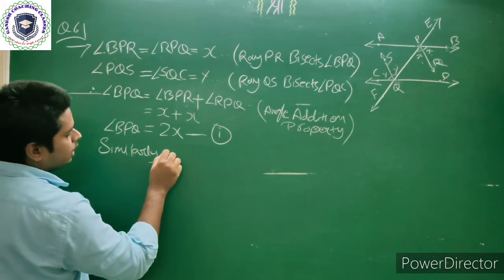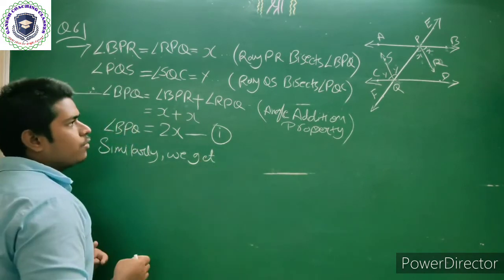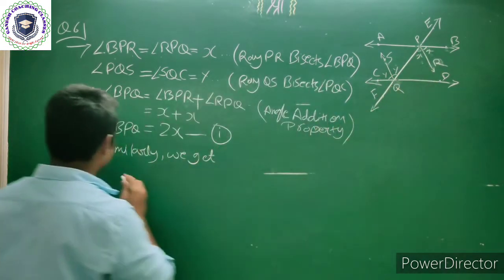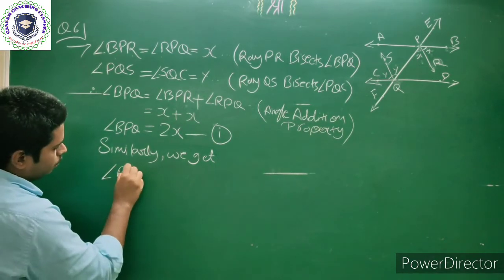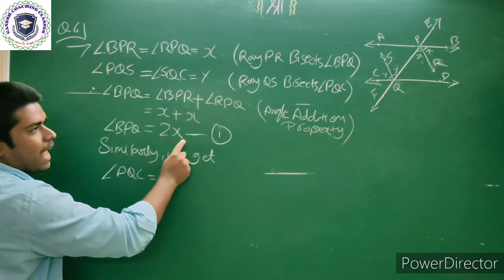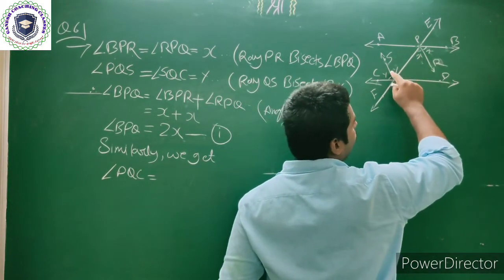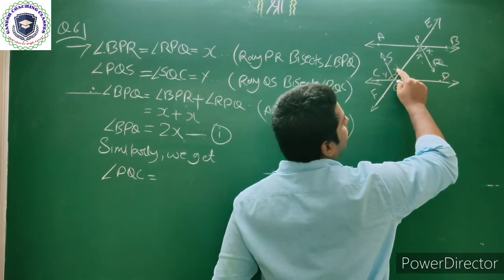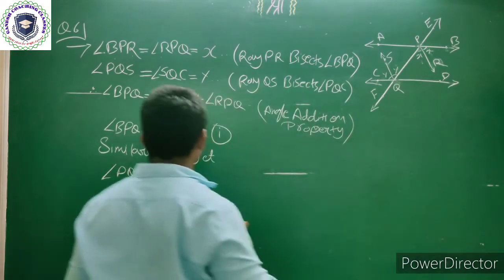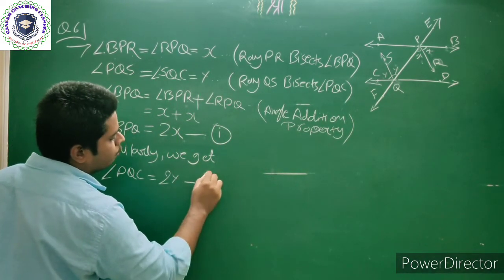In equation 1 we got 2x, because the value of each angle was x. Here the value of each angle is y, so angle PQC is equal to 2y. Considering this as equation 2.